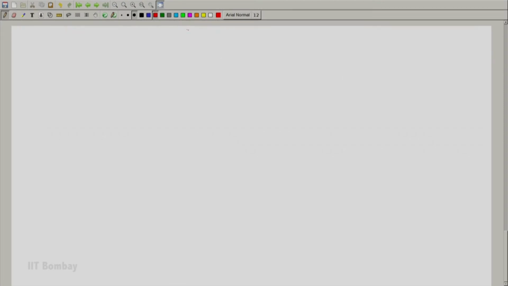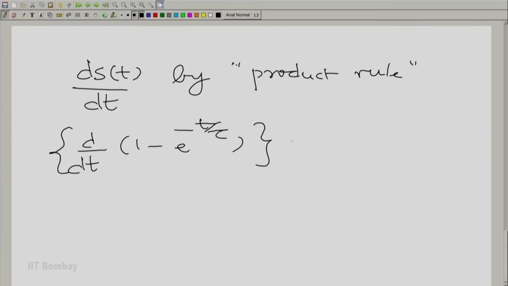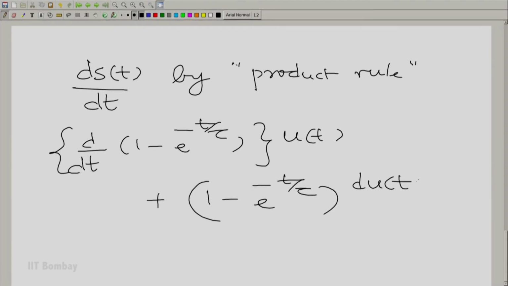In fact, ds(t)/dt can be found by the product rule. So, it is d/dt of (1 minus e raised to the power minus t by tau) multiplied by u(t), plus (1 minus e raised to the power minus t by tau) multiplied by du(t)/dt.